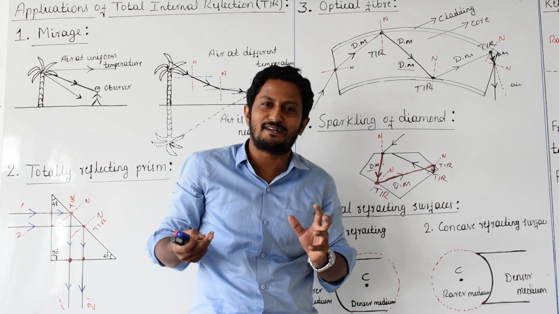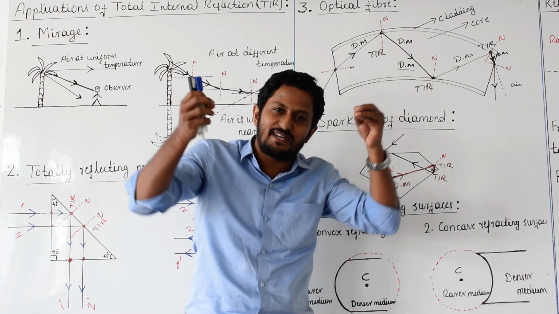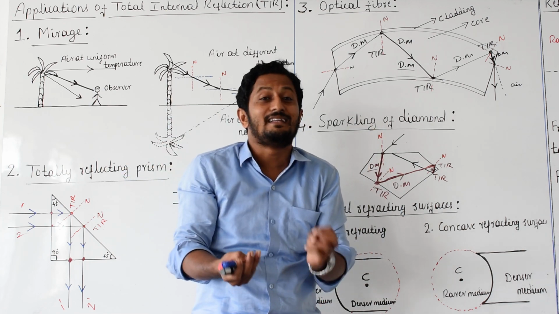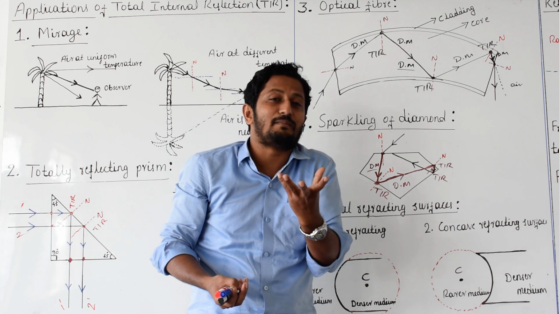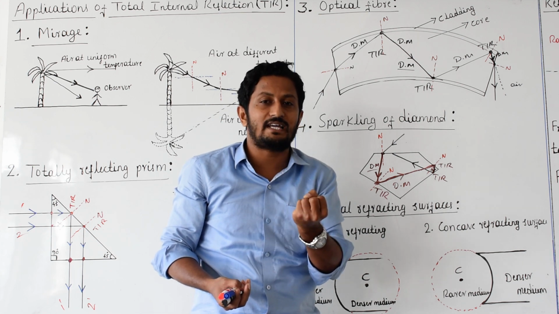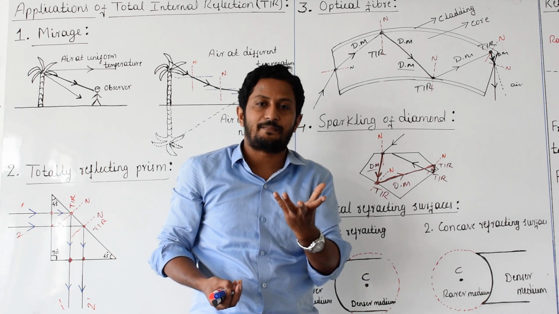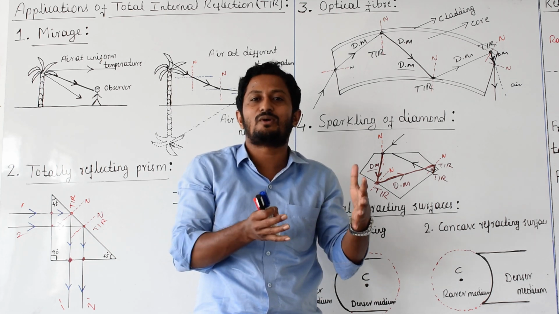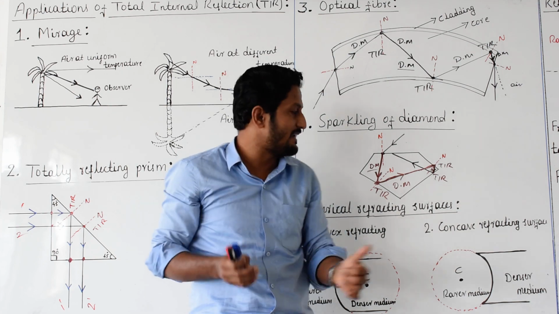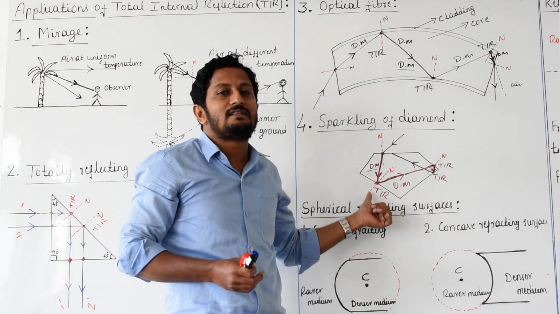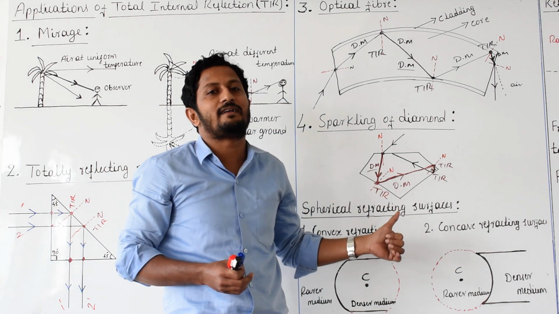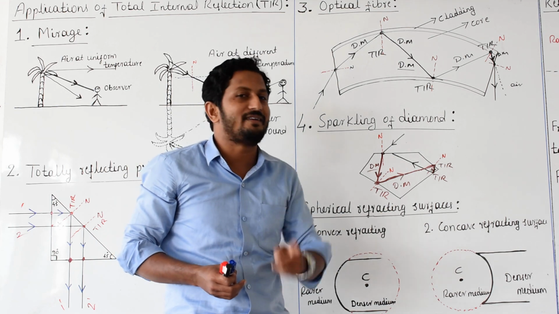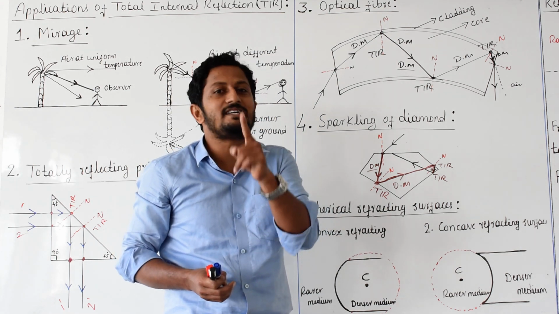Whatever light entered into the diamond stays inside there only. That's why the diamond looks like it is shining, or looks like brilliance. That we call the brilliance of diamond. The reason behind the shining of diamond is TIR.